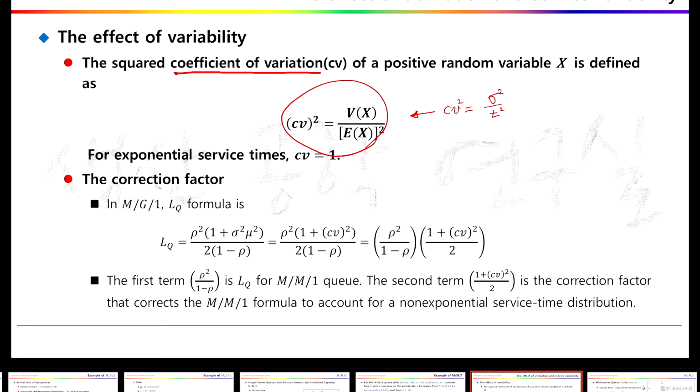First one is that in the case of exponential distribution, the coefficient of variation is equal to 1. It is a very important characteristic of variability. So if this CV is equal to 1, then we can use this M here.